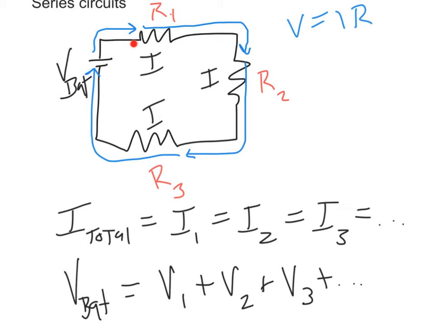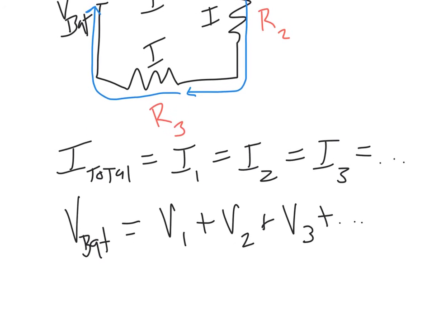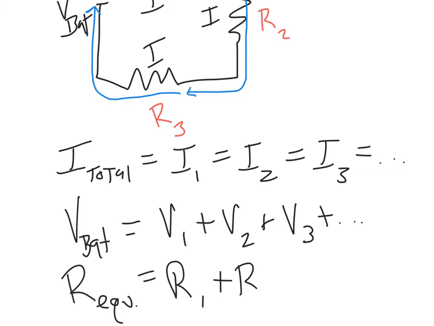So that means that whatever the resistance here is, plus the resistance here, plus the resistance there, is going to tell me the total resistance of the circuit. So if I have one big resistor and a bunch of little resistors, they're going to kind of add together. Okay? So the end result here is that my equivalent resistance, all right, is the sum of all of my individual resistors.